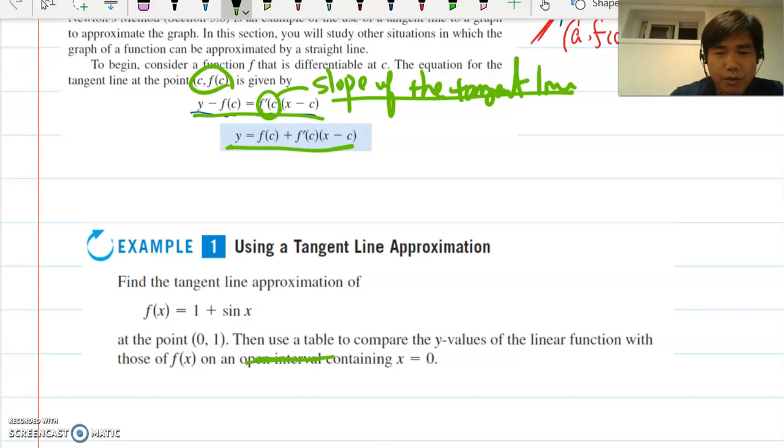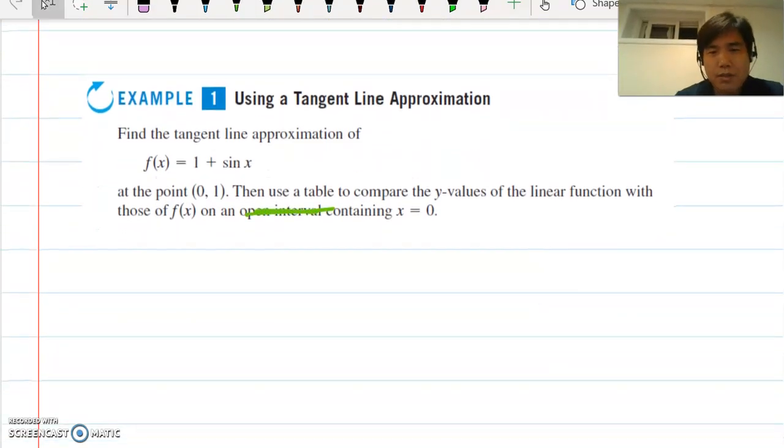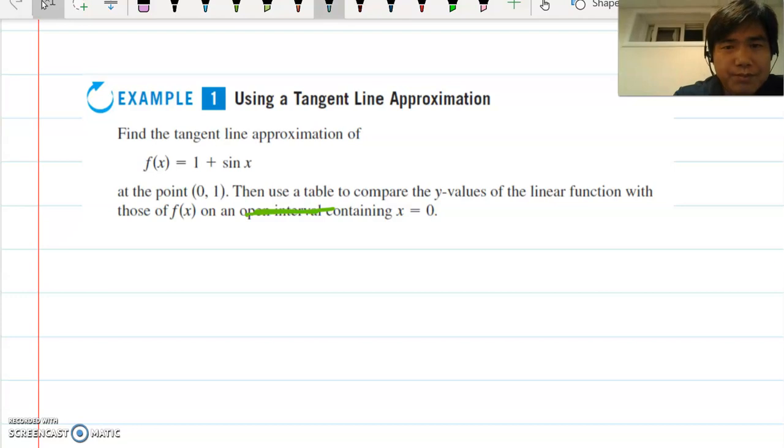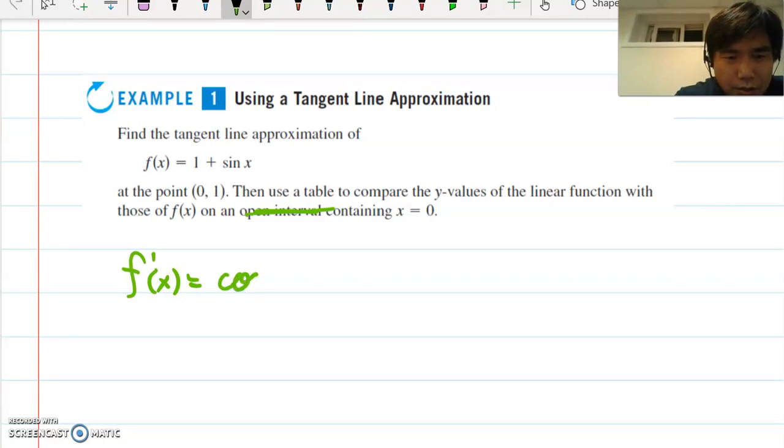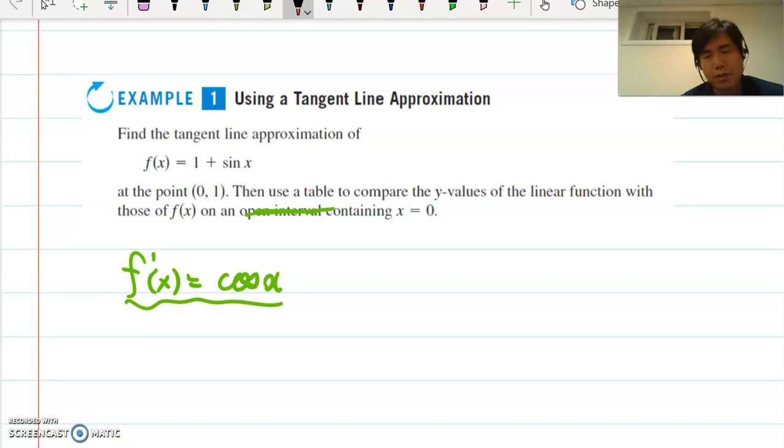First step is we want to find the tangent line equation. So we need to find the derivative of that given function. f prime(x) becomes cosine x, right? Because 1 just becomes 0, and the derivative of sine x becomes cosine x.